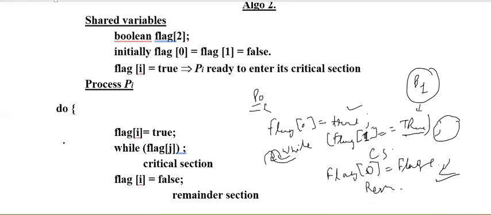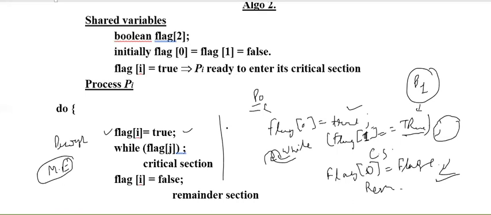Now I hope that this solution satisfies progress. But what about mutual exclusion? Is this particular program satisfying mutual exclusion? So let's check one thing. Suppose one process Pi arrived and has done flag i is equal to true.